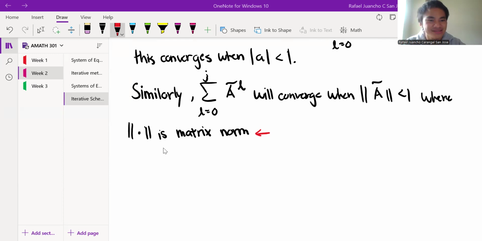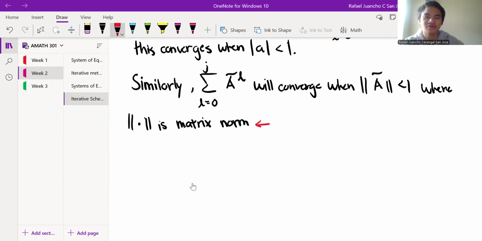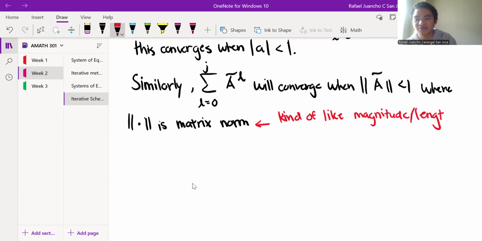It's basically like an absolute value. So here it's kind of like the magnitude of a matrix. If you did go to my calculus series, it's kind of like a magnitude or length or stuff like that, or absolute value.